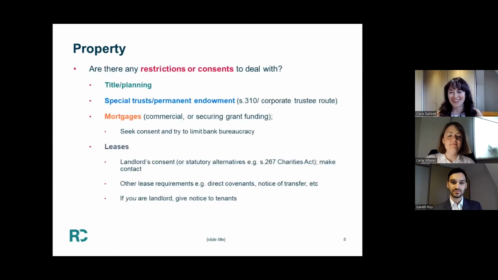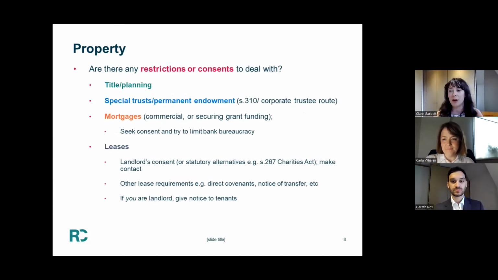So in terms of restrictions and consents, I mentioned looking at a copy of your title. That will tell you quite a lot about things that affect the property. I come on to mortgages later. That's something that will usually be registered via a restriction or a legal charge against your property.